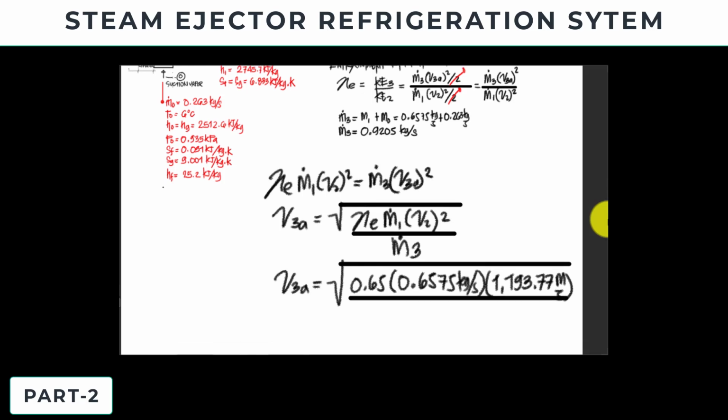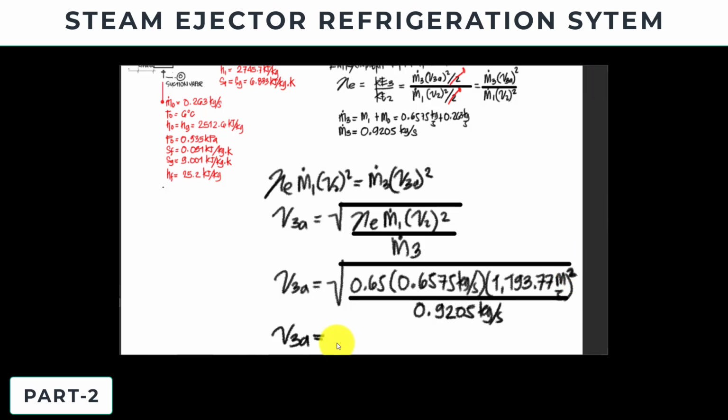So knowing the value of the mass flow rate, we can substitute this one, 0.9205 kilogram per second. So the velocity 3a is equal to, and we forgot to put the square here, so let me add that one.